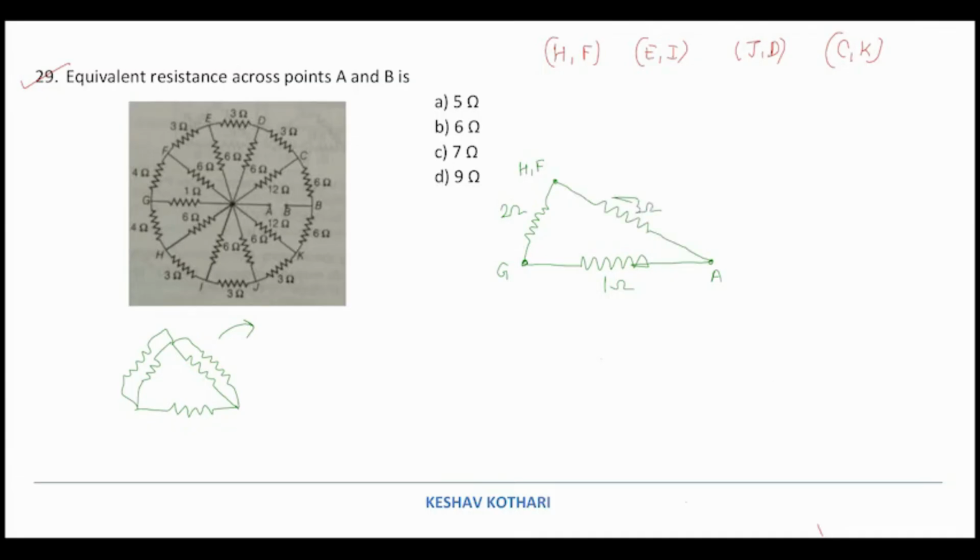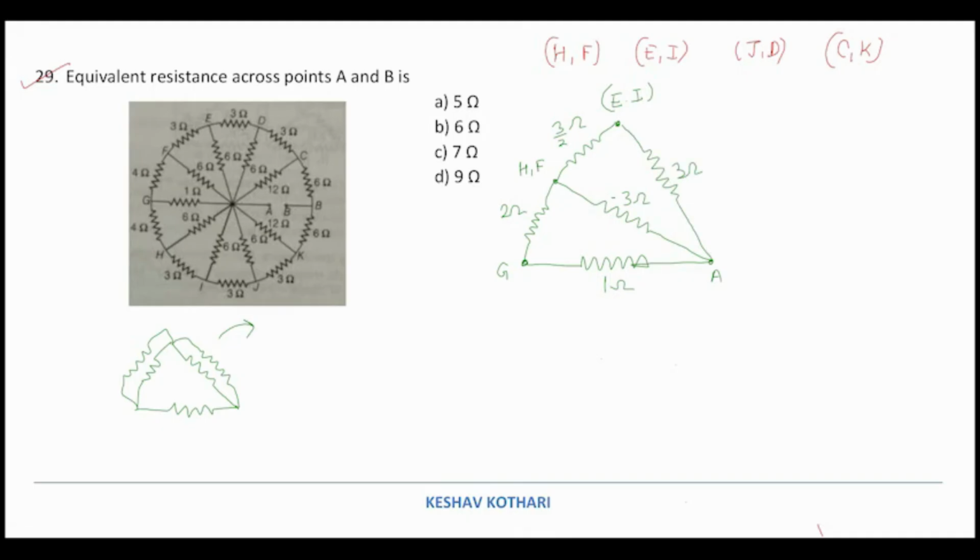So this will give us a value of 3 ohm. Now we move to points E and I. Now the points E and I, this is 3 and 3, so in between we will get 3 by 2 ohm, and over here we will get again 3 ohm because there is a 6 ohm resistor.